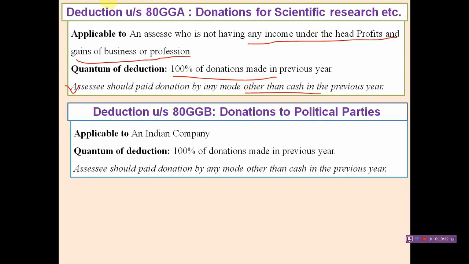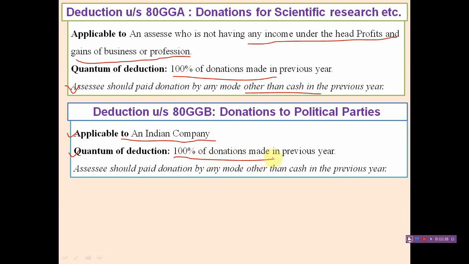It is in respect of donations to political parties. It is applicable only to Indian companies. So if an Indian company contributed or donated an amount to political parties, then the deduction is allowable under this section. The quantum of deduction is 100% of the donations made.